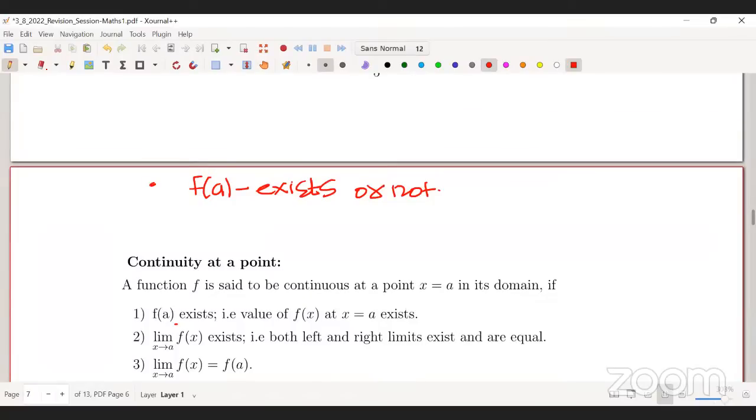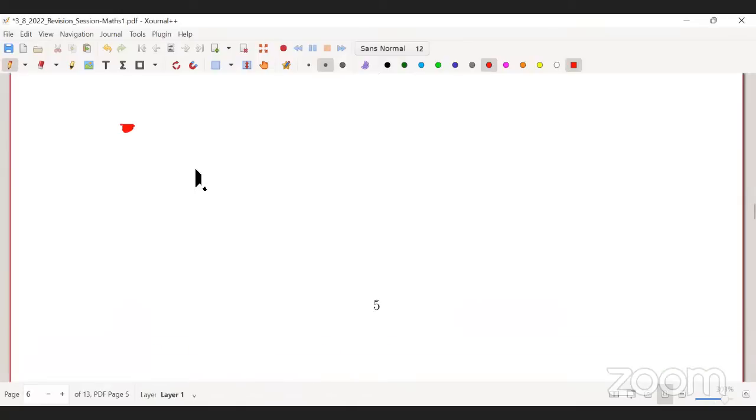For example, if I take the function 1 by x and ask whether it is continuous at 0, what is my first step?